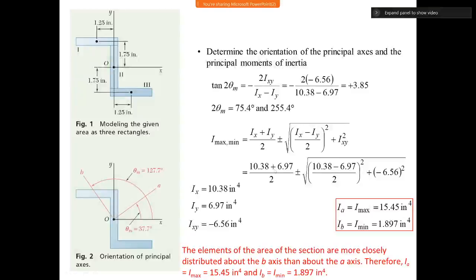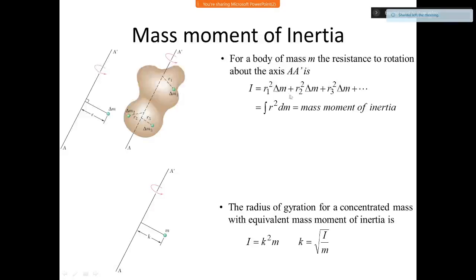So right now what we have done are examples for area moment of inertia; the same things are true for the mass moment of inertia. A very quick definition: mass moment of inertia is basically your resistance to rotation about an axis AA prime. If I have an axis AA prime and I want to study the rotation about that axis, then it is the integral of r square dm.